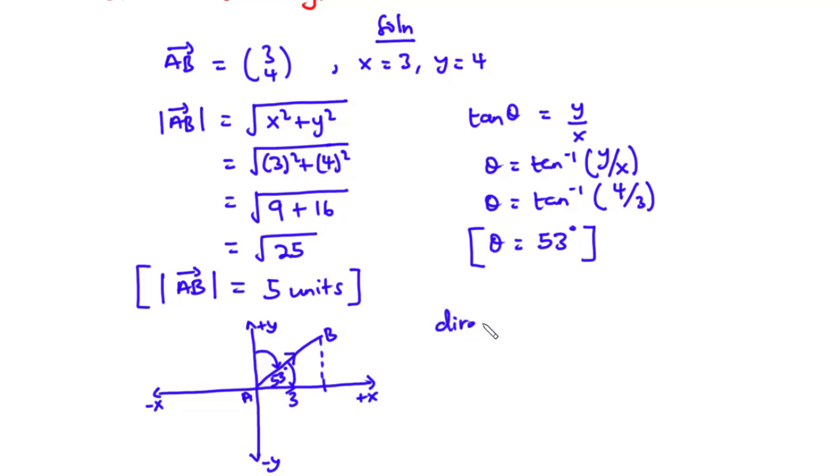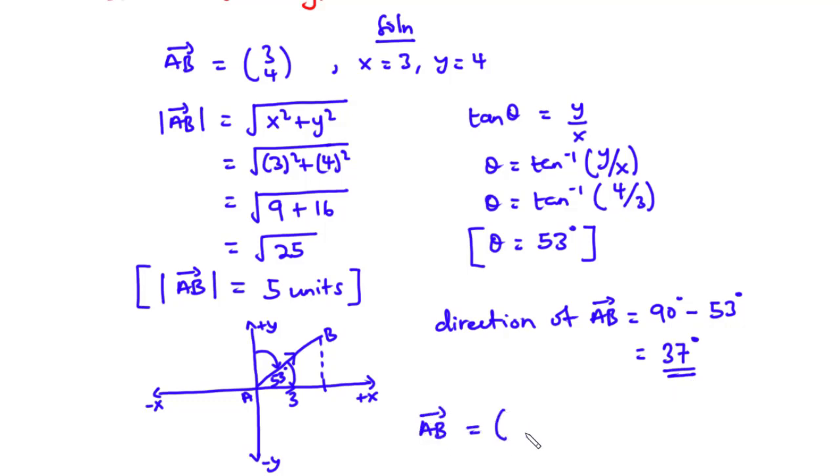So the direction of vector AB will be equal to, this full angle is 90 degrees, so that is 90 degrees minus 53 degrees, which is 37. Therefore, vector AB can be represented as the magnitude, 5 units, and the direction 037 degrees.